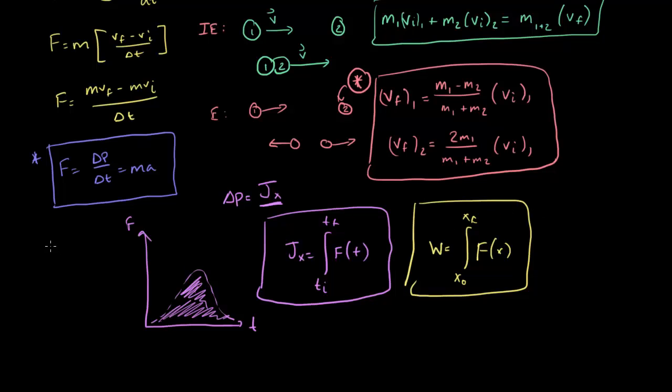If I draw a graph, on the x-axis you're going to have some measure of distance and you're going to have force, and the area underneath the curve is going to be work, so capital W.